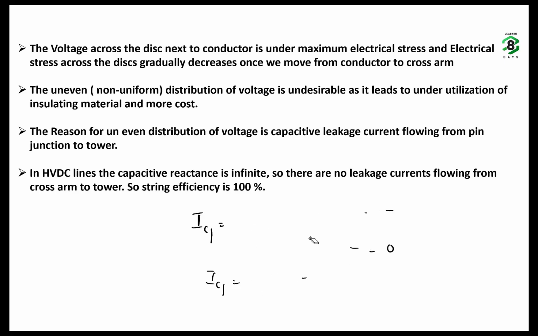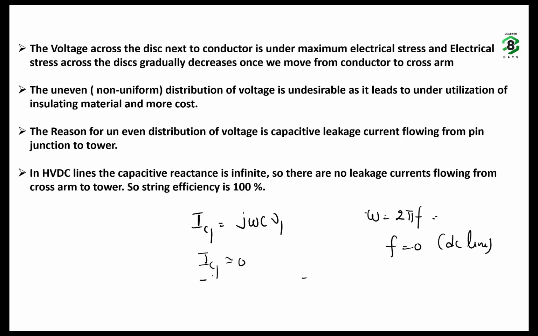So here IC1 is given by j omega c into V1. Omega equals 2 pi f. If you substitute frequency equal to 0 for DC lines, your leakage currents will become how much? 0.